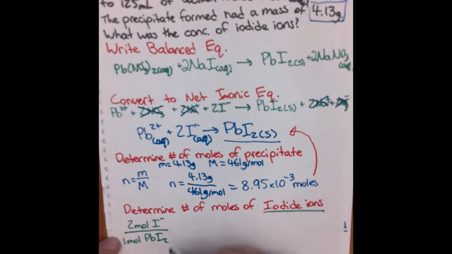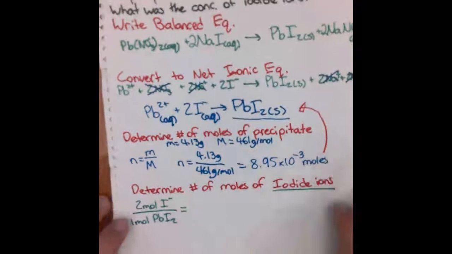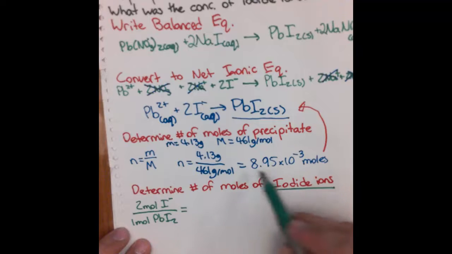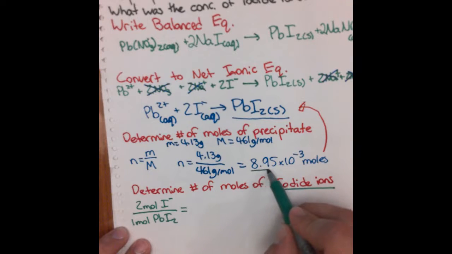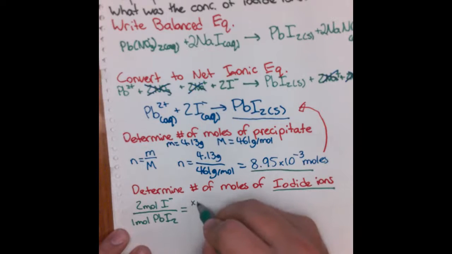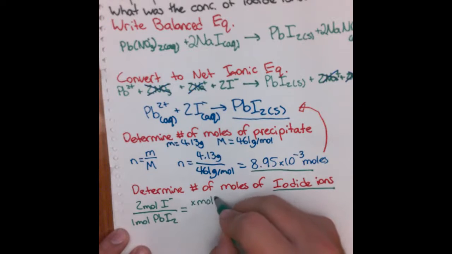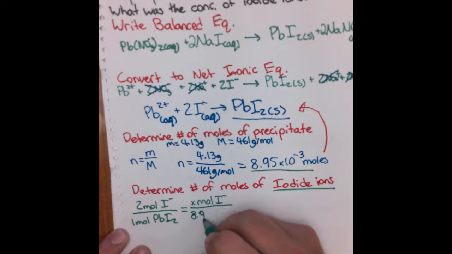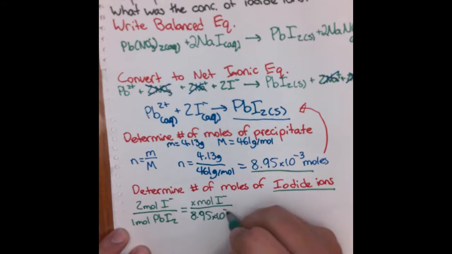All right, and we can set that equal to our number of moles of iodine in our final solution, divided by our number of moles of lead iodide, which we calculated up here to be 8.95 times 10 to the negative 3. So I'm going to have X moles of I minus over 8.95 times 10 to the negative 3 moles, right?